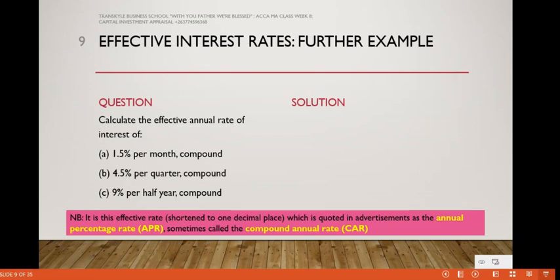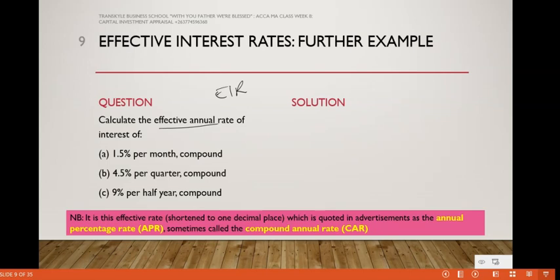We need to calculate the effective annual rate of interest, the EIR, where we are given 1.5 percent interest per month compound.